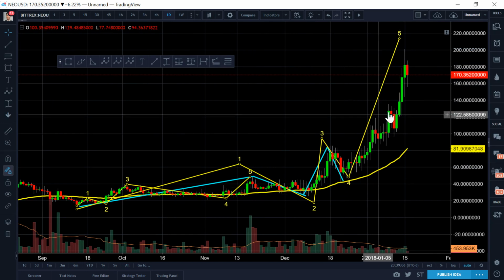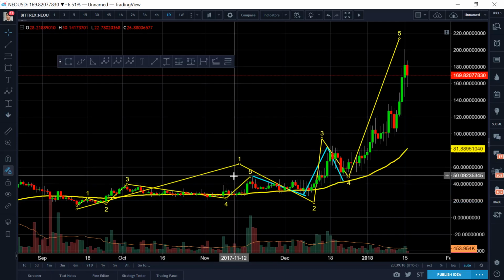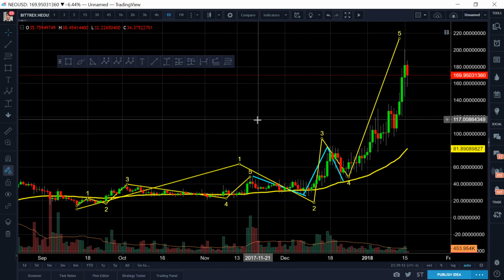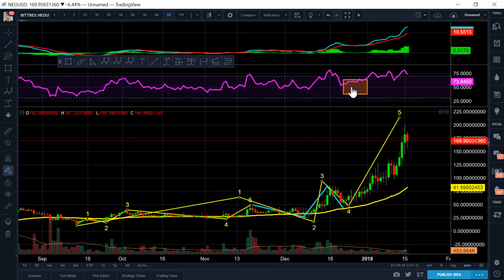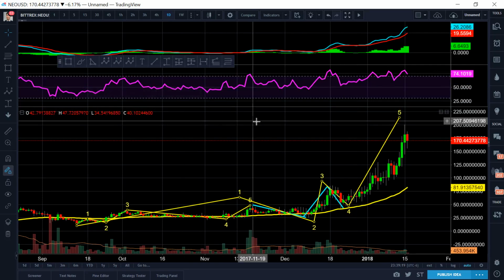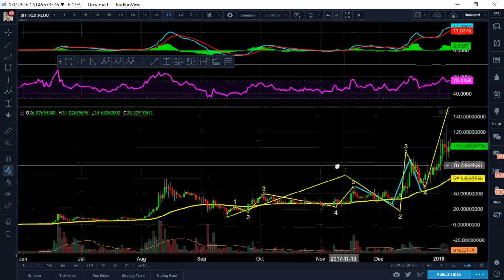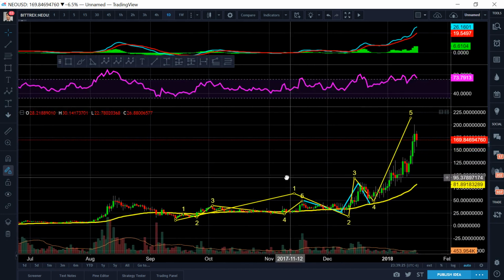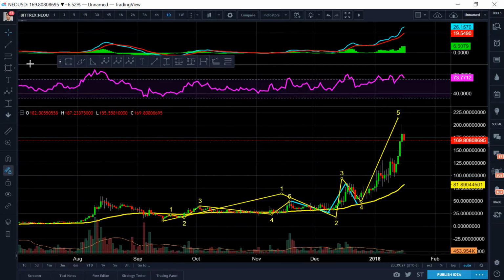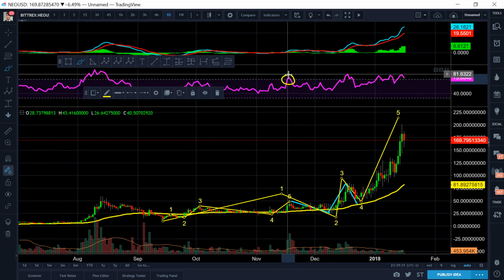Because these right here are basically extended fifth waves, right? Wave 3 was the biggest impulse already. And yes, we can see wave 3 as the biggest impulse already. And we can also confirm it almost. If you guys take a look at here, the peak of wave 1 right here is where an RSI peaks.